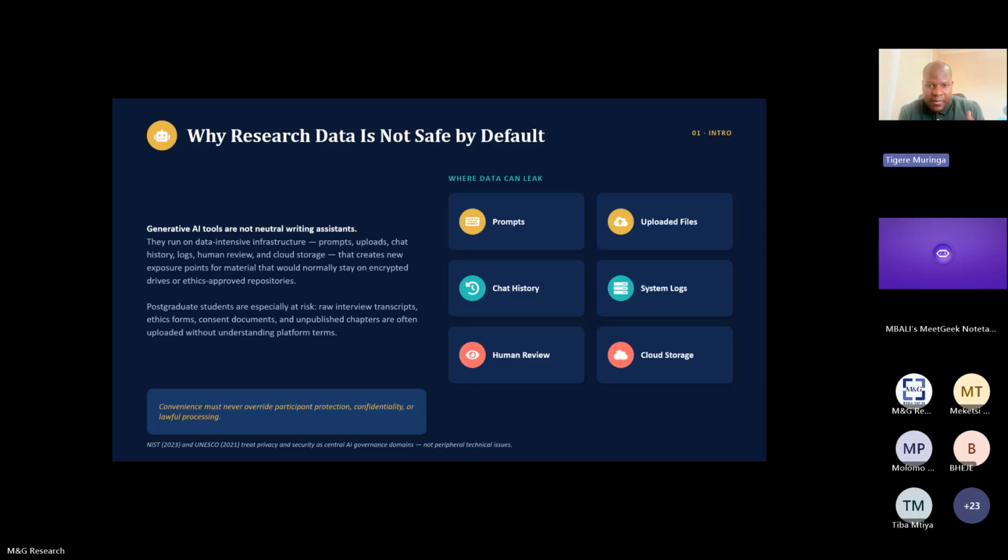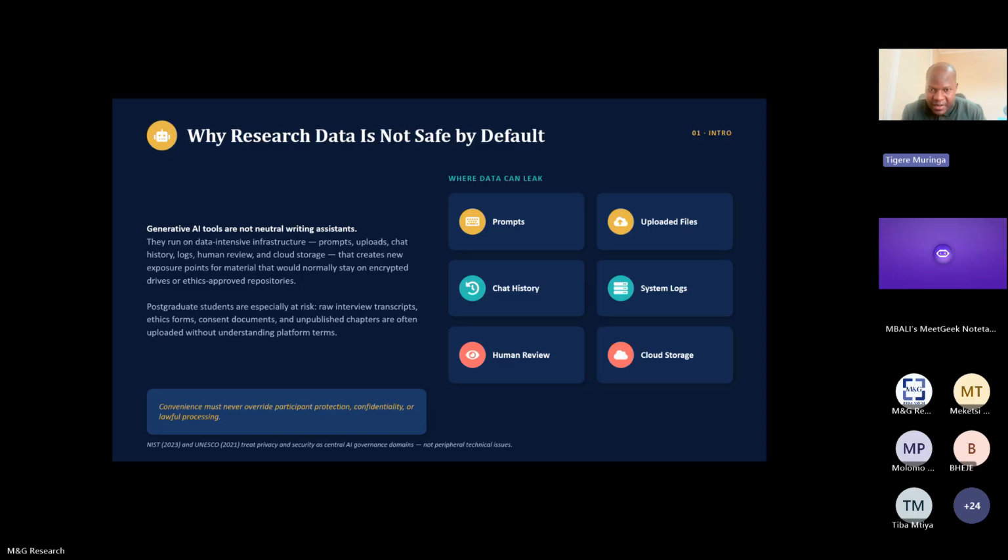The risk is especially serious in postgraduate research because students often upload raw interview transcripts, ethics forms, consent documents, and unpublished chapters, and they do this without understanding platform terms, right?